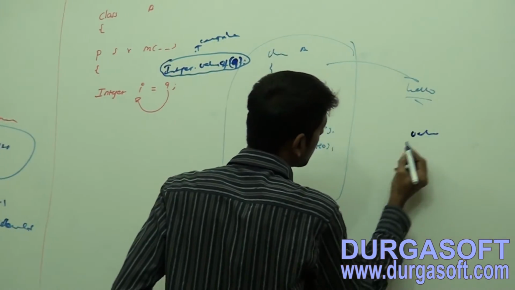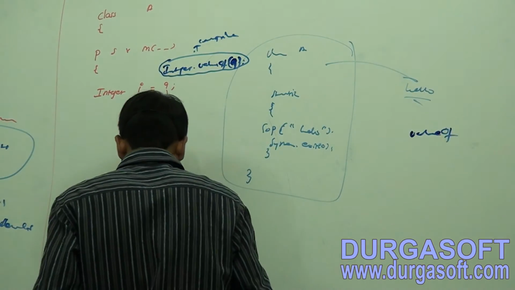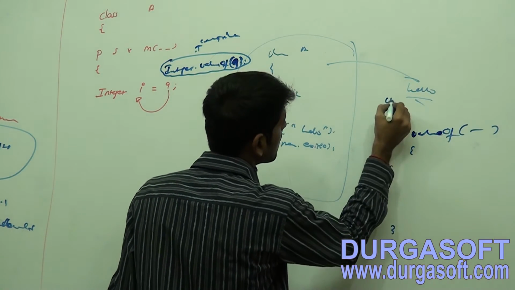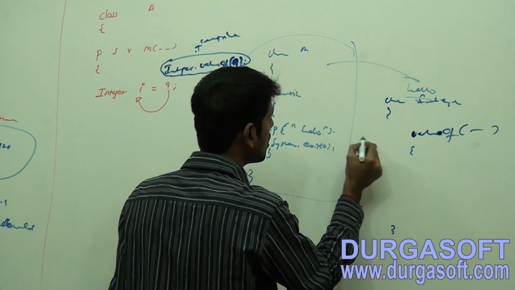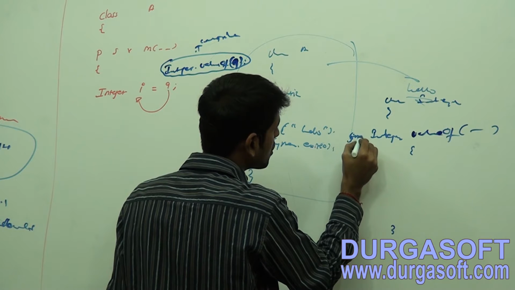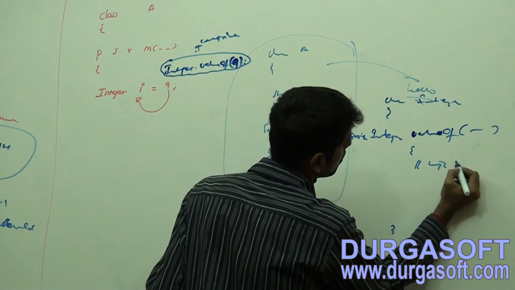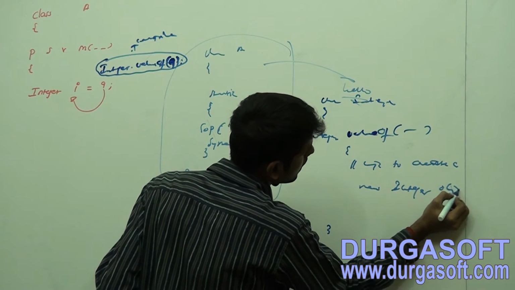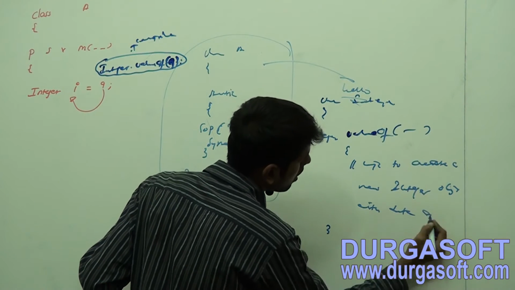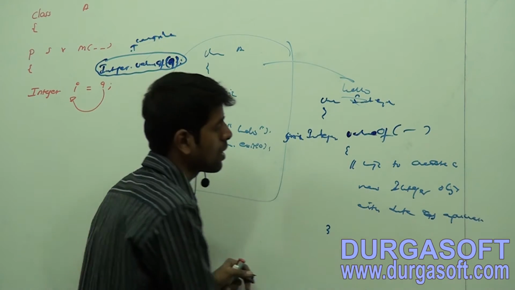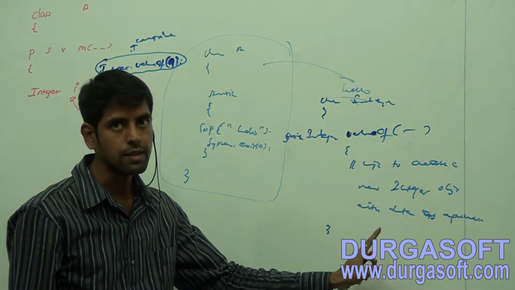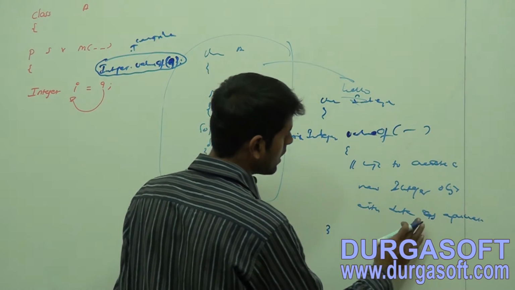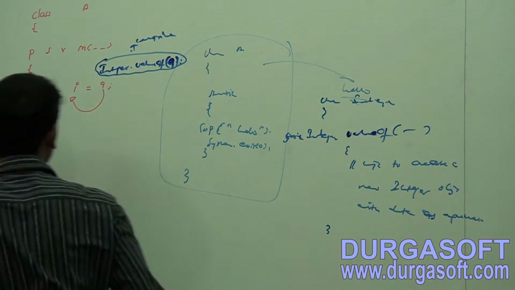The valueOf method within the Integer class has logic to create a new Integer object with the argument as data.